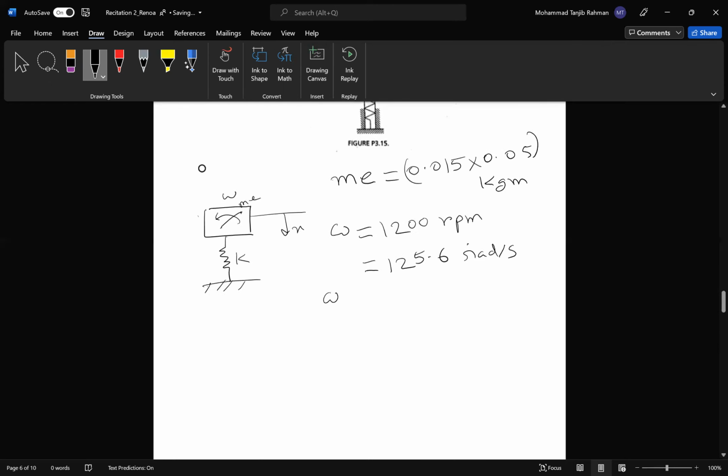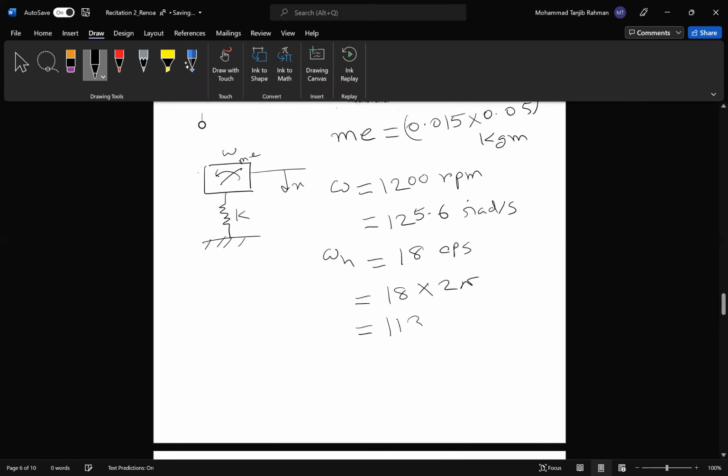Also, omega n is given as 18 cycle per second. So to convert it to radian per second, I'm going to multiply it with 2 pi. So we'll get 113.1 radian per second.